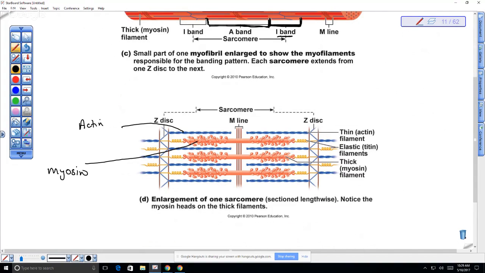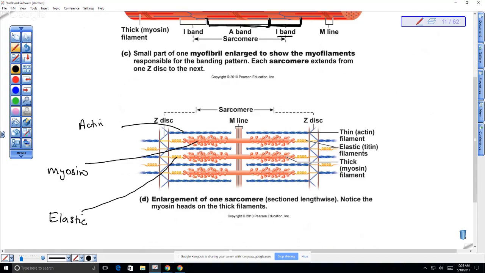Then there is another type of filament besides actin and myosin, which is important, and this is called elastic. The one that looks like a spring is elastic. Because it has this springy shape, if I stretch my muscle beyond its comfortable point, it's going to spring back. So the muscle has elasticity in it.